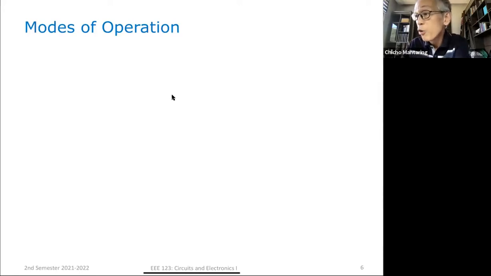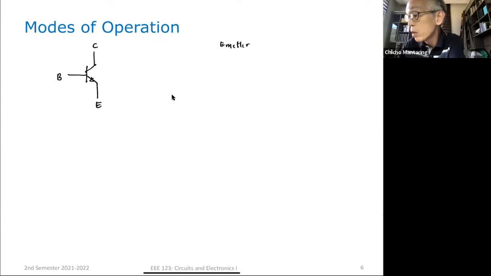So you have the different modes of operation of a transistor. I'll go back. This is my NPN transistor. This is my collector, this is my base, this is my emitter. I have two junctions: my emitter base junction, and my collector base junction.